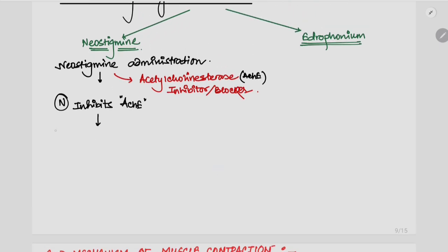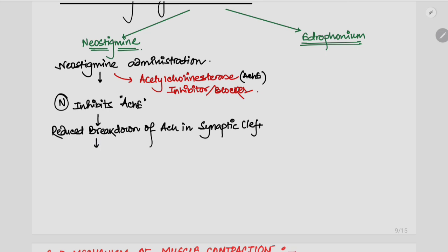So there is reduced breakdown of acetylcholine in the synaptic cleft. So there is increased availability of the acetylcholine due to reduced breakdown. There is increase in the availability of the acetylcholine in the neuromuscular junction.